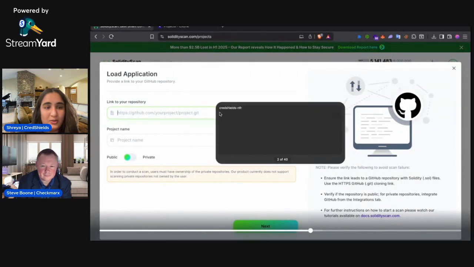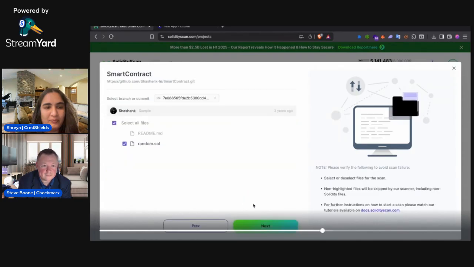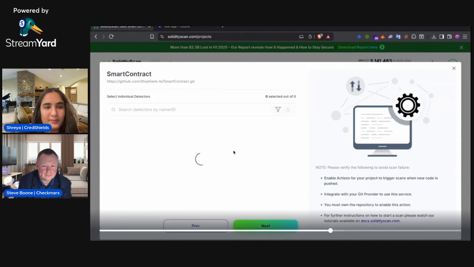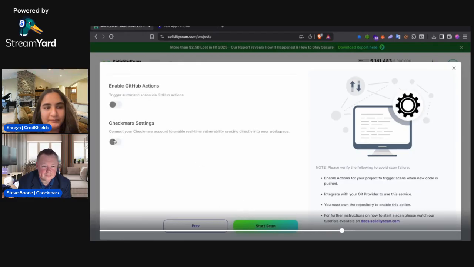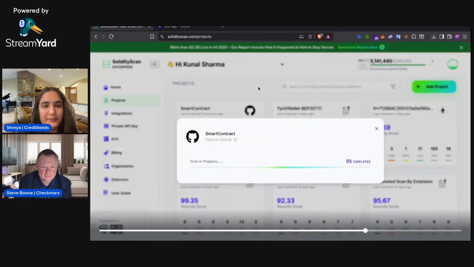And then you link your GitHub. So this setting helps you connect your account, and this will enable any real time vulnerabilities that come in. It's awesome.